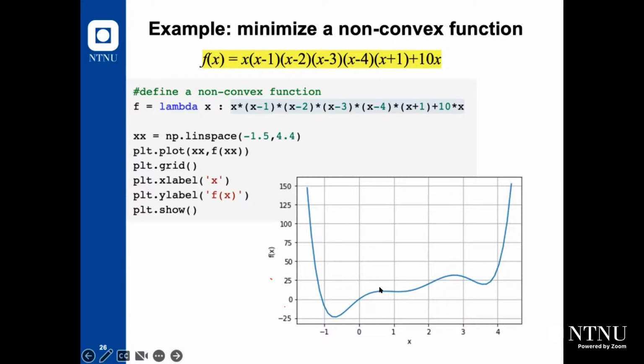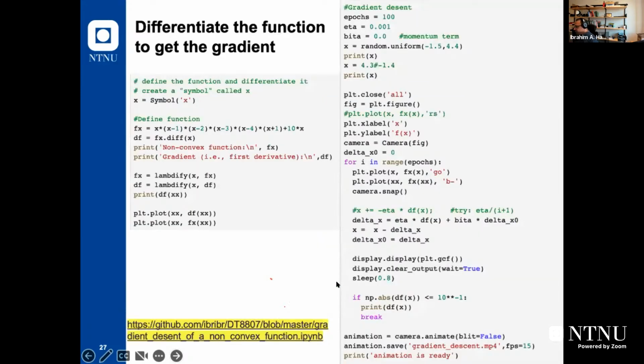But if you are lucky, because we select omega randomly when we train the model, we don't know where we will start. If you start from the extreme left side, you will end up in the global minimum, which is okay. But there is no guarantee. So in this case, we need to use the momentum term.